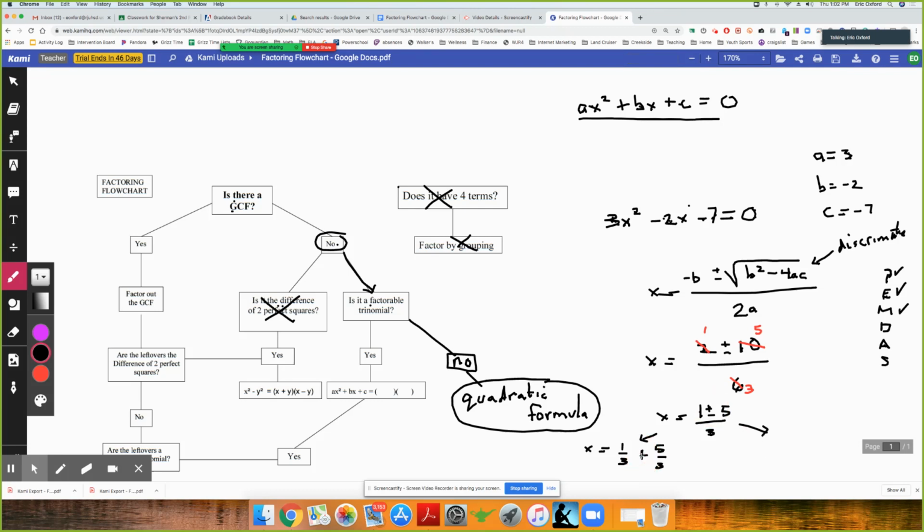And then over here I'm going to wind up with x equals, my equal sign's a little unclear. Let me rewrite that. So over here I wind up with x, and then this 3 can go underneath this 1, so I'm going to have 1/3, and I'm going to use the negative root over here. So this would be minus, and then it'd be minus 5 over 3. That's how that works.